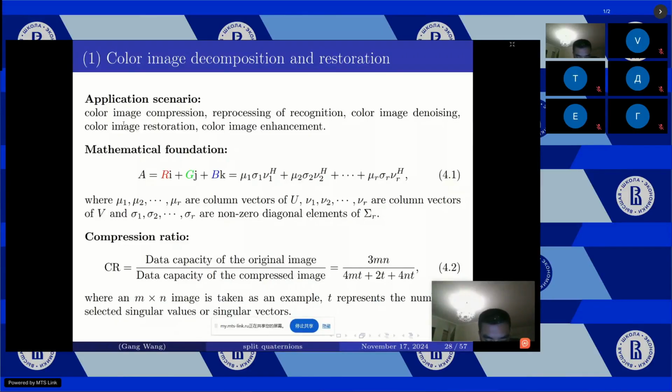In image compression, it is essential to introduce the compression ratio as a control metric. The compression ratio CR is defined as the ratio of the data capacity of the original image to that of the compressed image. Specifically for an M by N image, the compression ratio can be calculated using formula 4.2, where T represents the number of selected singular values or singular vectors.